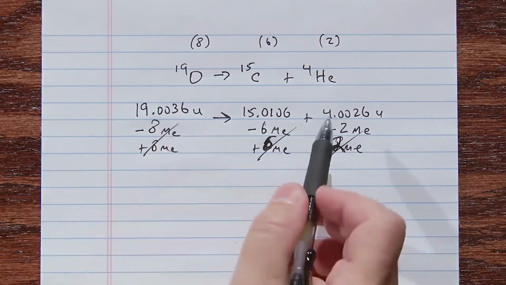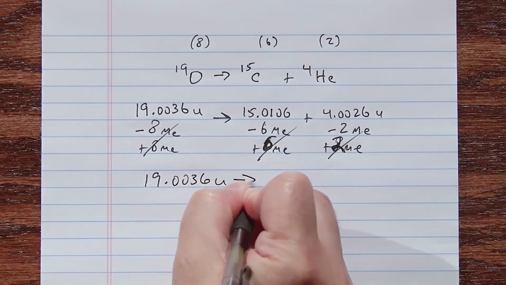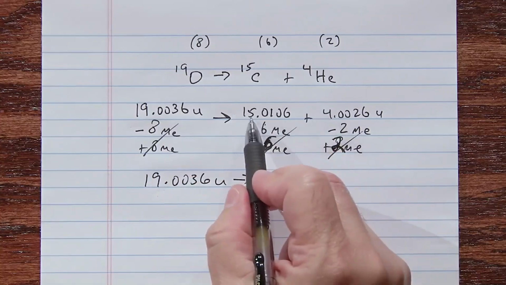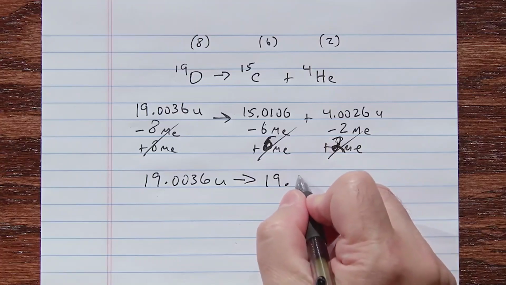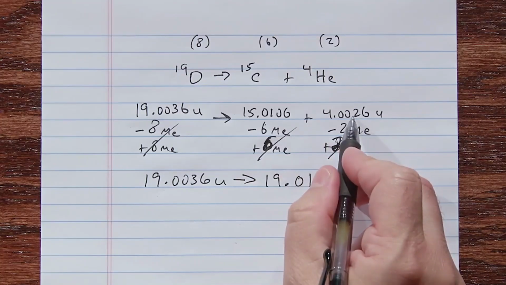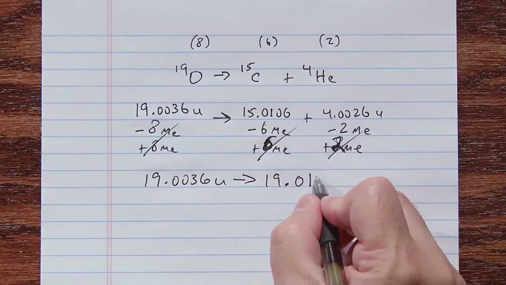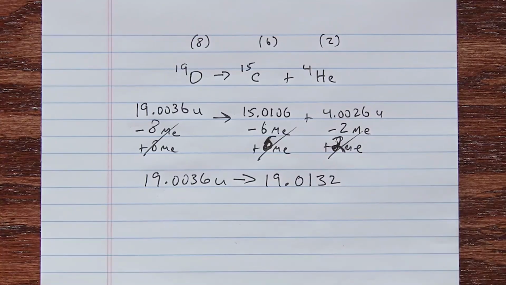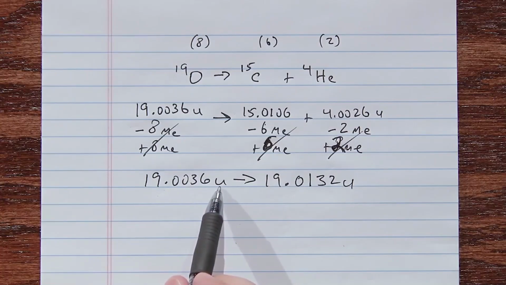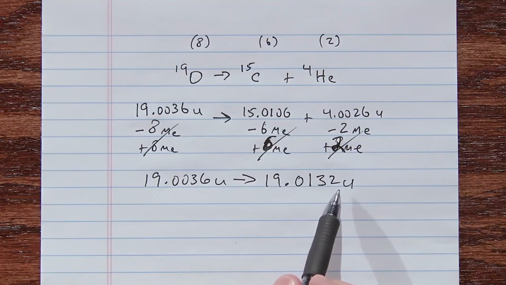So if we just add up these numbers right here, we have 19.0036 atomic mass units becoming 15.0106 plus 4.0026, which is 19.0132 atomic mass units.